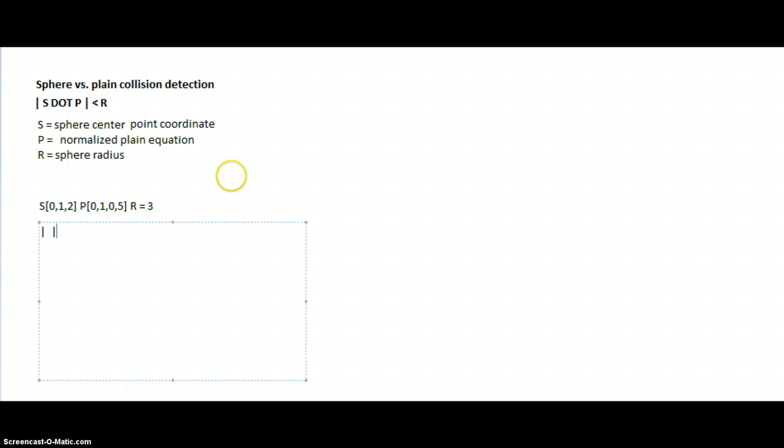So we have 0 times 0 plus 1 times 0 plus 2 times 5, plus 5. The last 5 goes by itself because the plane equation has the fourth dimension. And that calculation is compared to the sphere's radius, which is 3.